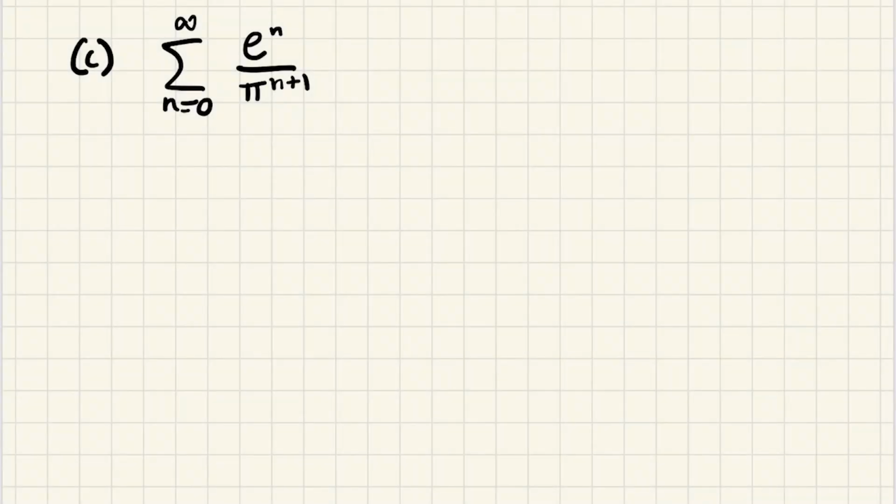Okay, well, what about this series right here? Let's write out the first couple of terms. If we let n equal 0, and notice this one does start at 0 and not 1, we're going to get e to the 0 over pi to the 1. So there's our a value. What we really want is r, of course. So let's let n equal 1, which is the second term of the series.